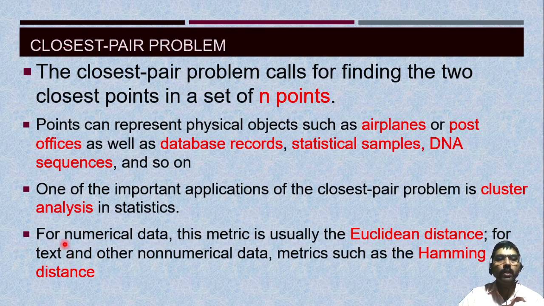If the 2 points are given in numerical data, the distance can be calculated using the Euclidean distance formula. If the data is non-numerical, we have to use the Hamming distance formula. In these applications, we use the Euclidean distance formula because we have numerical data.